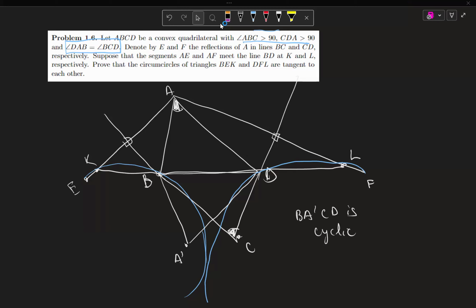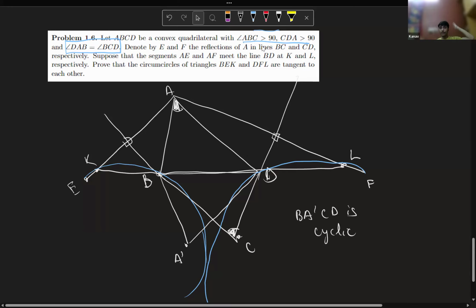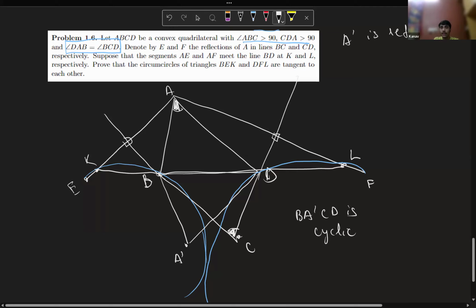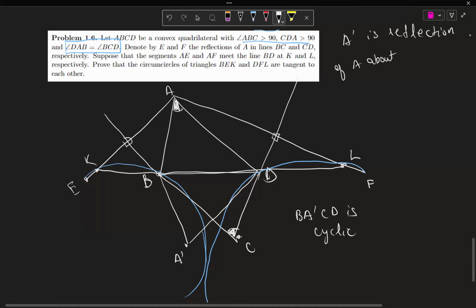Can you please re-explain how you introduced point A dash? A dash is just the reflection of A about BD.